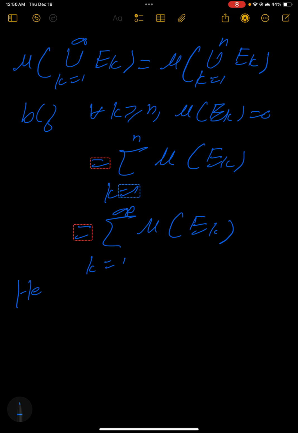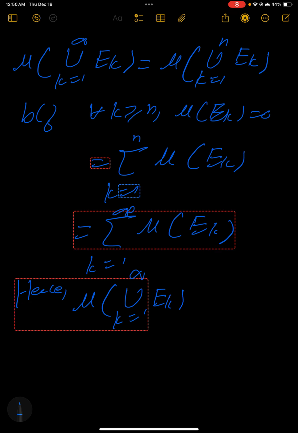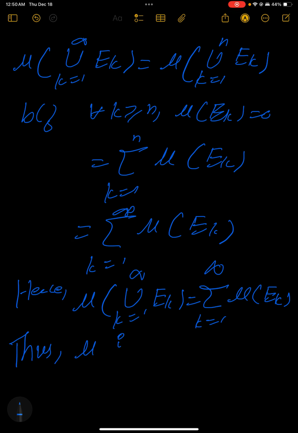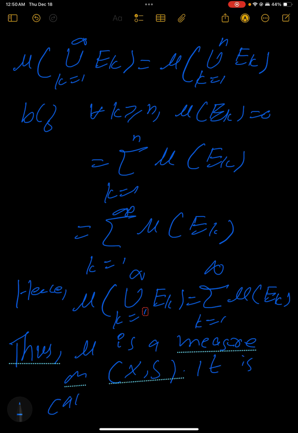Hence we saw that the measure of the union of E_k, k equals 1 up to infinity, is the sum of k equals 1 up to infinity of the measure of E_k. Thus mu is a measure on X, S, and it is called a counting measure. And thank you.